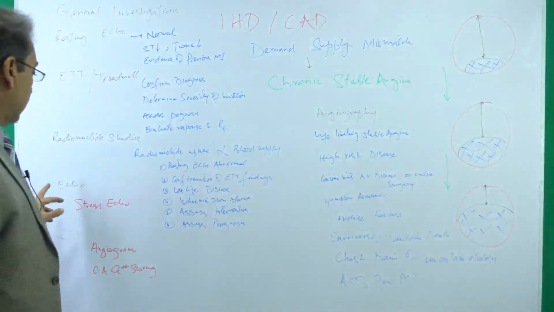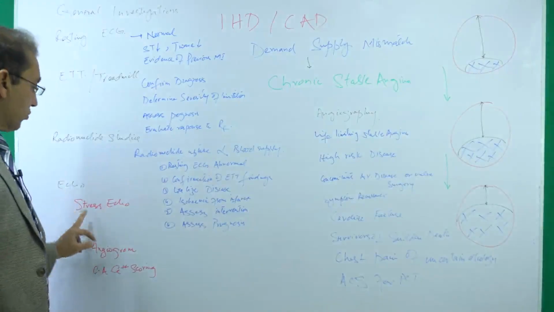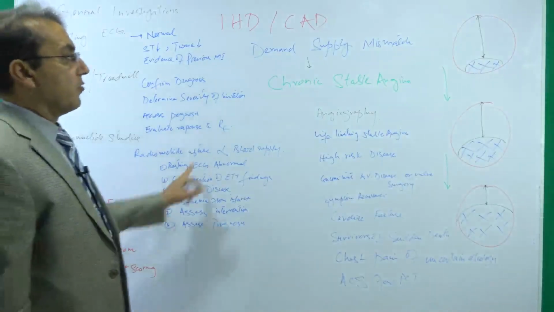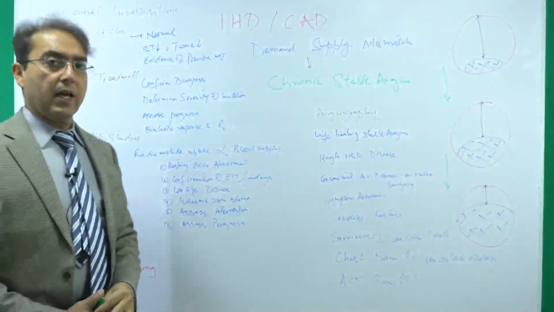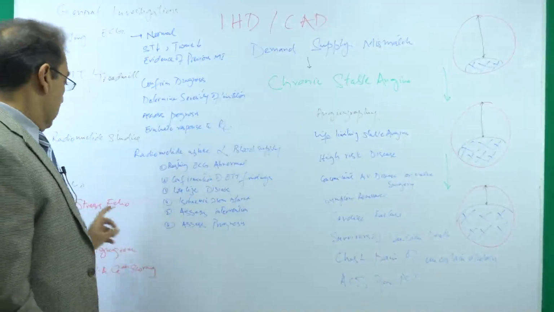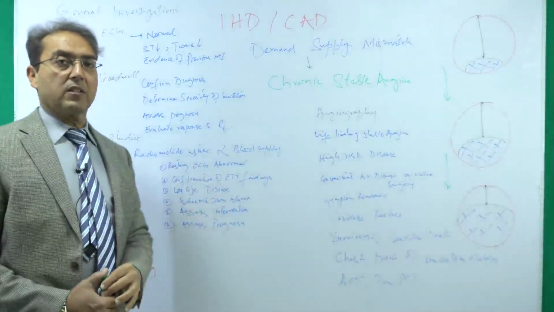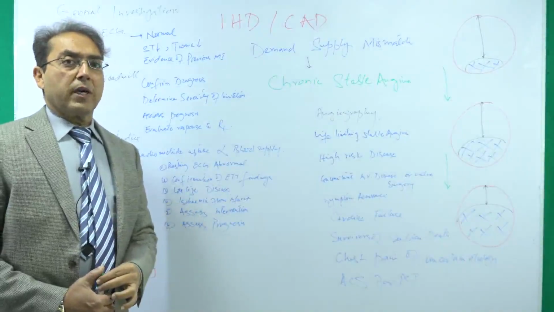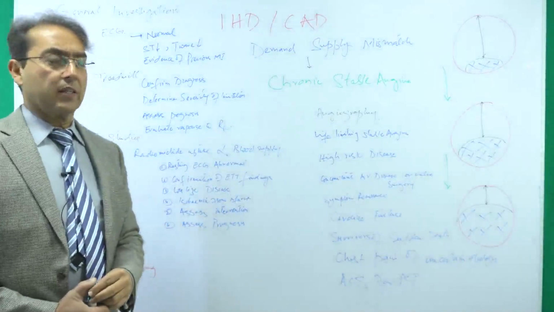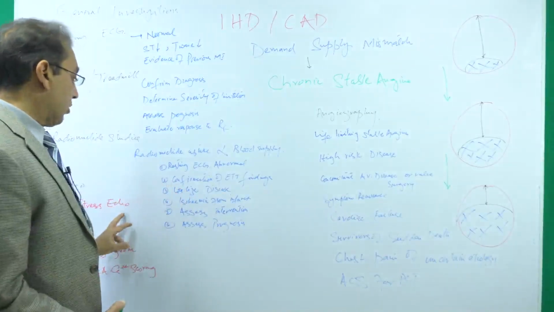And then the next imaging investigation is echocardiography. We do a stress echocardiography in cases of chronic stable angina, because echocardiography between the attacks may be quite normal. So we do give the patient stress, either it's stress of an exercise or a pharmacological stress. Patient is given a supine or vertical exercise depending upon the patient's condition, or you can give a pharmacological stress.